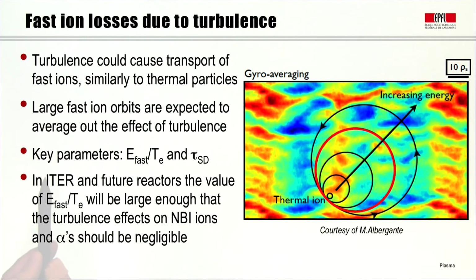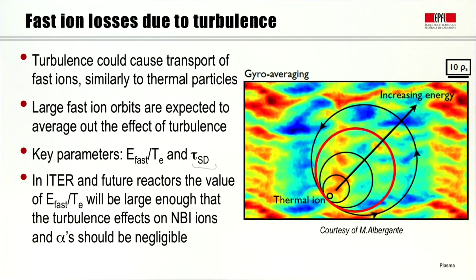The key parameter in this orbit averaging effect is the ratio between the fast ion energy and the background plasma temperature. In a sense, this ratio is a proxy for the ratio between the size of the ion's orbits and the size of the turbulent structures. The second parameter that, of course, influences this interaction is how long the fast ions remain fast in the plasma, that is the slowing down time.